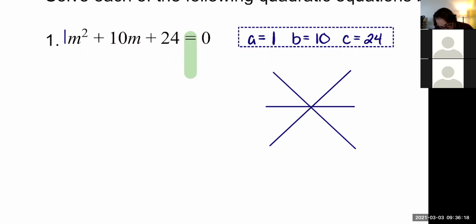So going back to yesterday's topic, A times C will go on top. So 1 times 24 is 24. A on either side would give us 1s. B on the bottom is going to give me a 10.